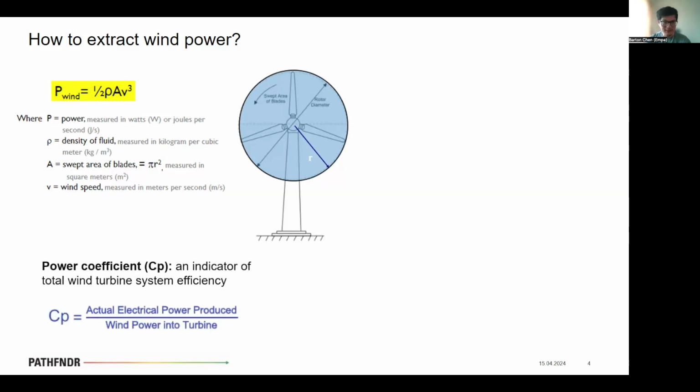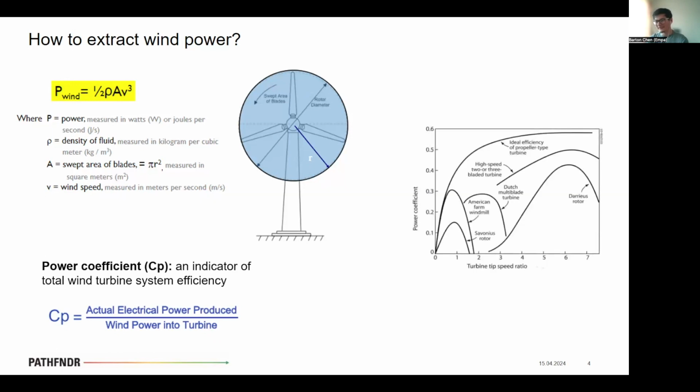Another element is a very important factor we call the power coefficient. That is how much power you can extract from the wind into the turbine. Based on this, people can use this power coefficient property to draw a diagram of different kinds of turbines. I guess you probably know the typical turbine is the one you can see right now.